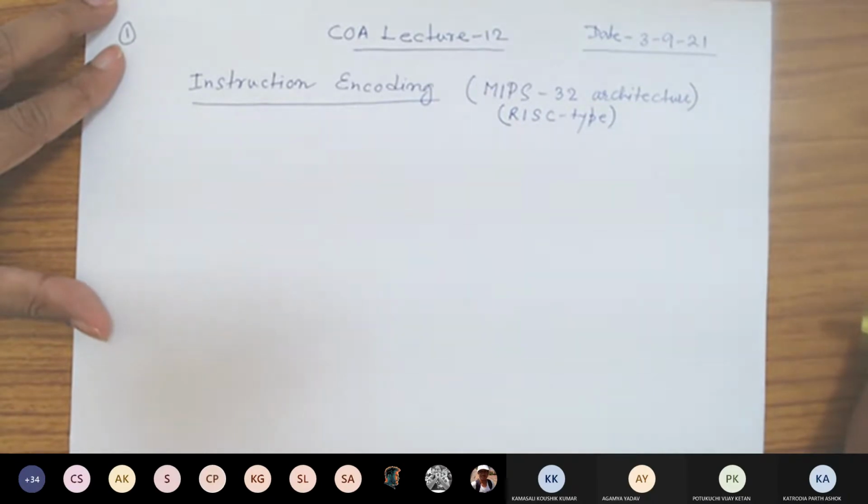It has a total of 32 registers, and their names are given separately depending on their utilization.